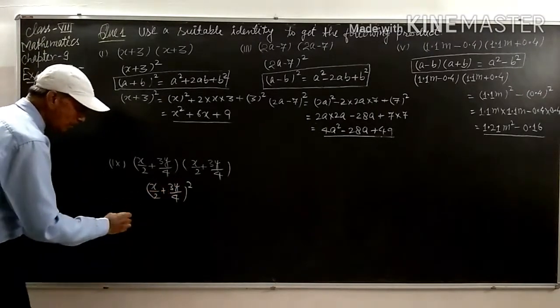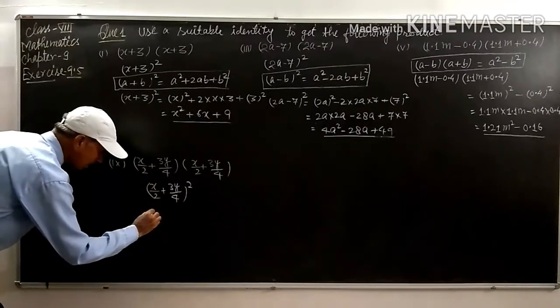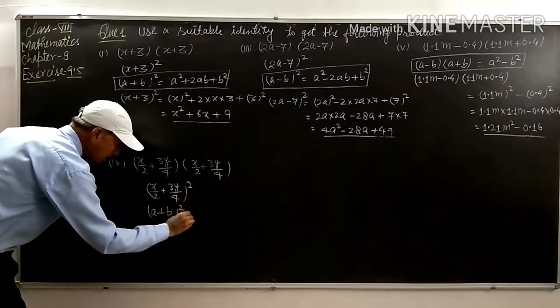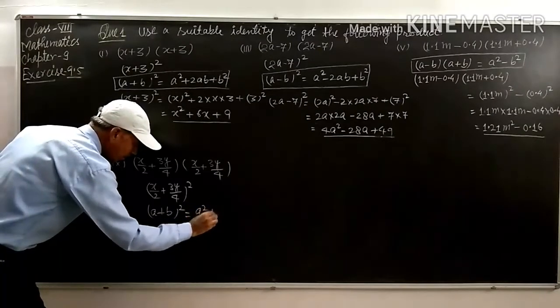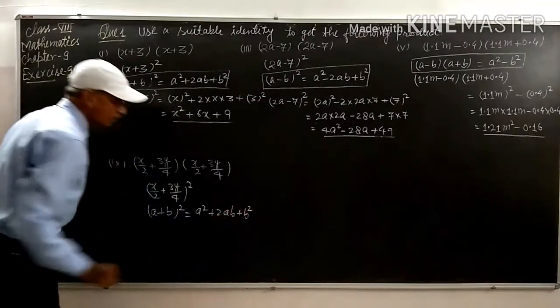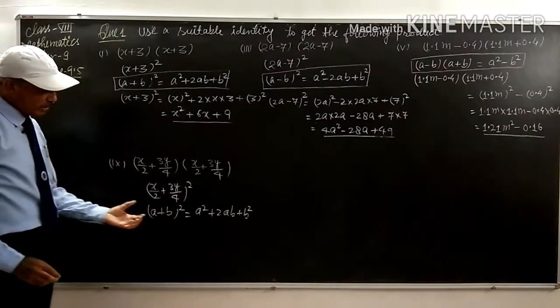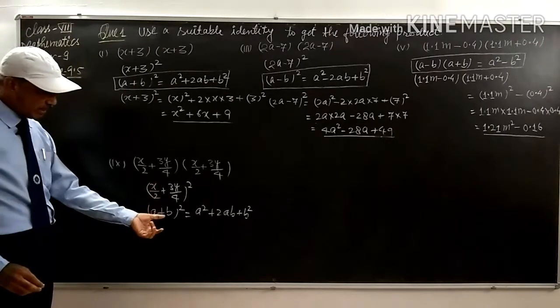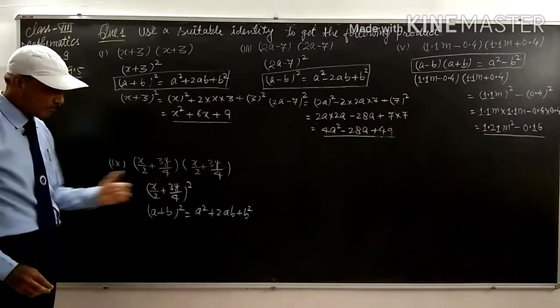Now, in this you will use identity first, that is a plus b whole square is equal to a square plus 2ab plus b square. Clear, student? Now, in place of a there is x by 2 and in place of b 3y by 4.